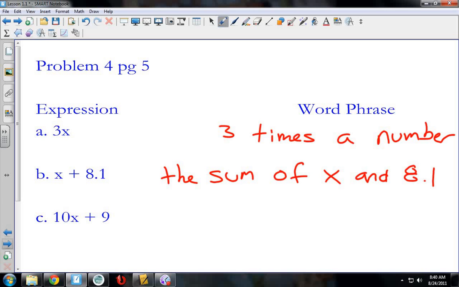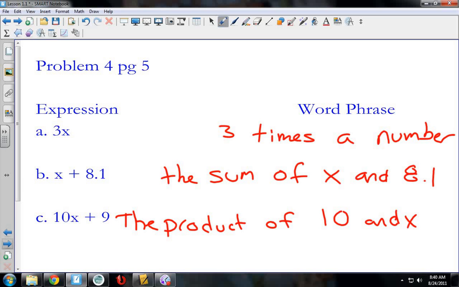All right. C has 2 operations. What are they? Multiplication and addition. So how would I do this one? What words are we going to use? Product. Okay, so you're going to say the product of 10 and x. Then what? Am I done?